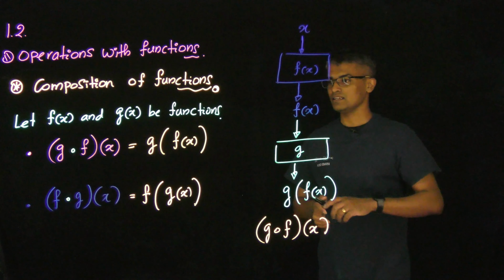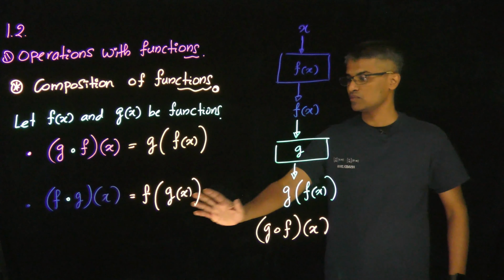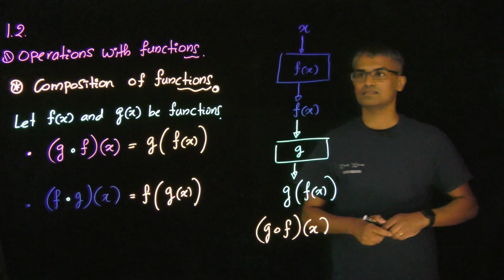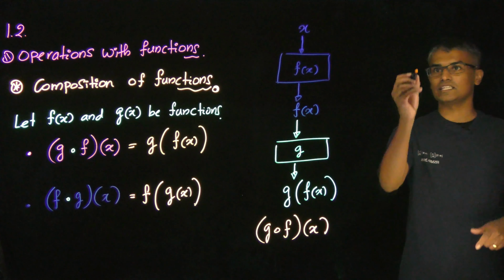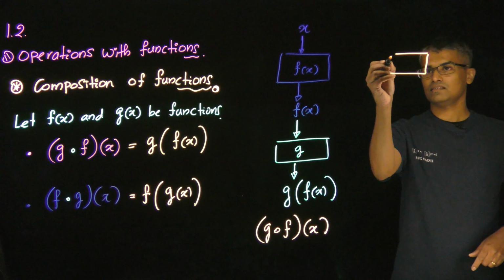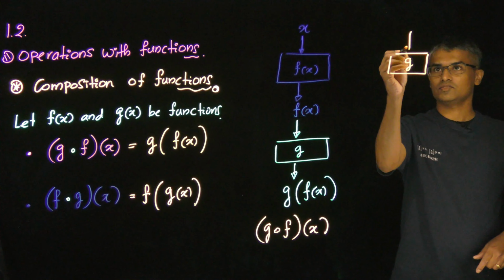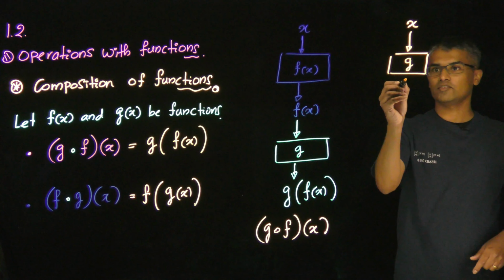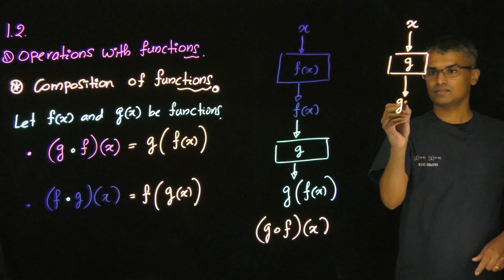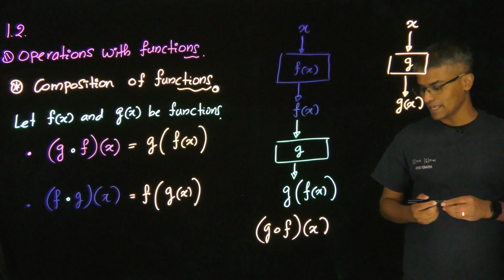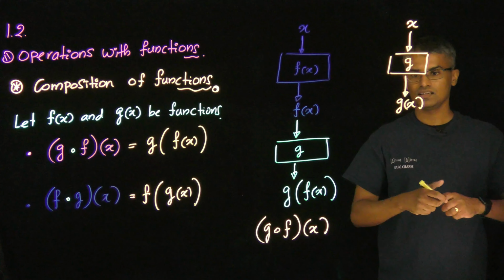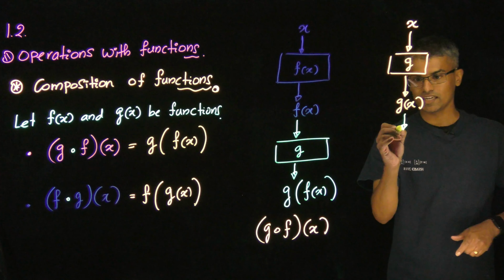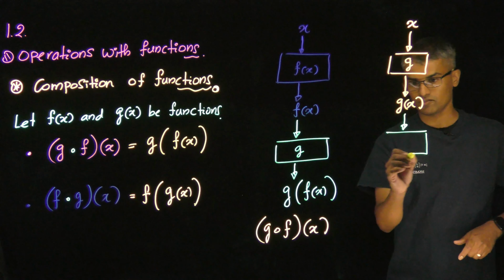In the same way we can draw a diagram for this second composition, but now first we have our function g. So your input is x and your output is g of x. Next we consider this output and we input this one into the function f.